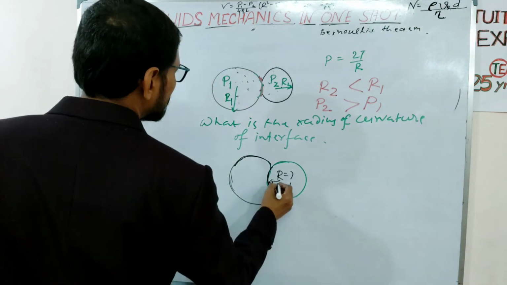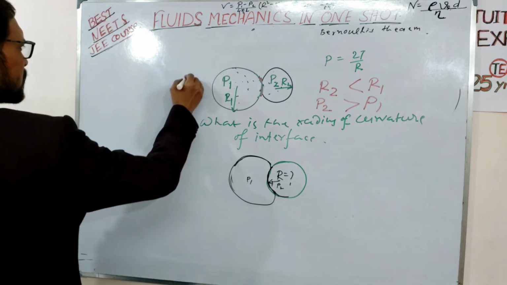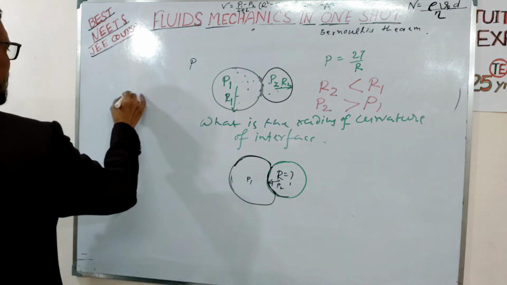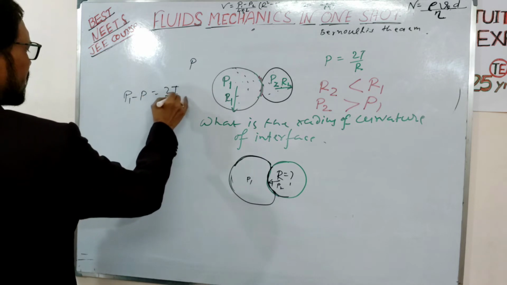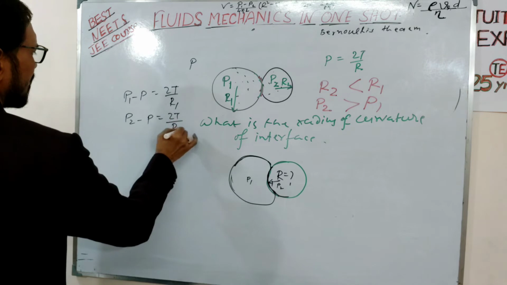Here the pressure is P2 and here the pressure is P1. We know the excess pressure. Suppose air pressure is P. We know P1 minus P equals 2T by R1 and P2 minus P equals 2T by R2.